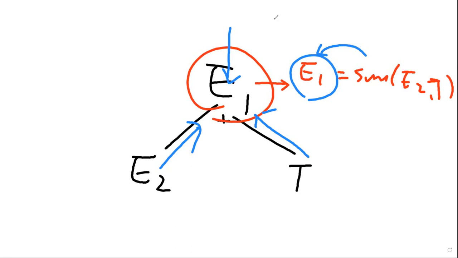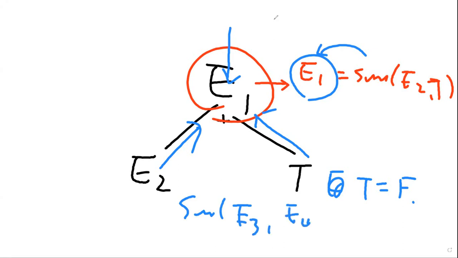So every term has its own evaluation. Maybe this term equals some factor's value, and this E2 may also be the sum of some E3 and some E4's value, whatever. Okay, so they will get some value for E2 and then pass it up to here and get evaluated for this one.